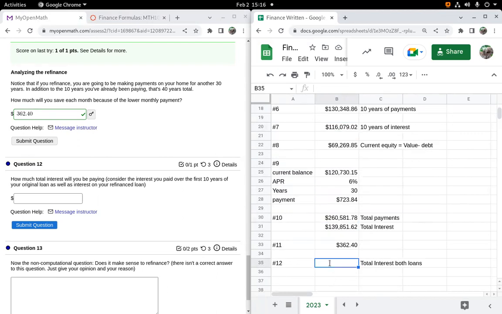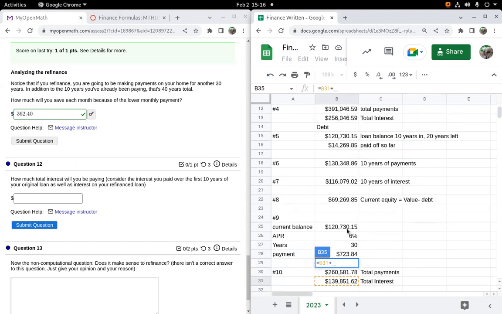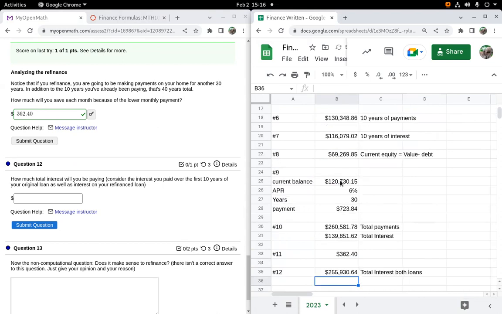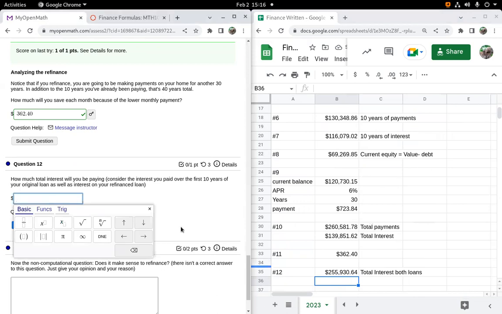Let's see what we got for the future. That there, total interest of the new 30-year loan, and then the first 10 years of interest here added on. So for my loan combination, I'm going to have a total of $255,930.64.